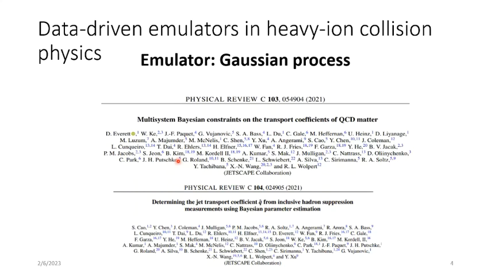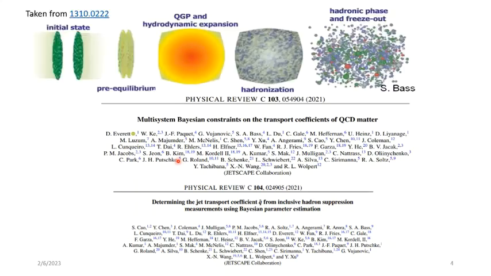And as you know, that means that you need to sample a very large amount of model calculations in the input parameter space. And it turns out the heavy-ion collision simulation itself is a very complicated, computationally intensive calculation. It has multiple stages.